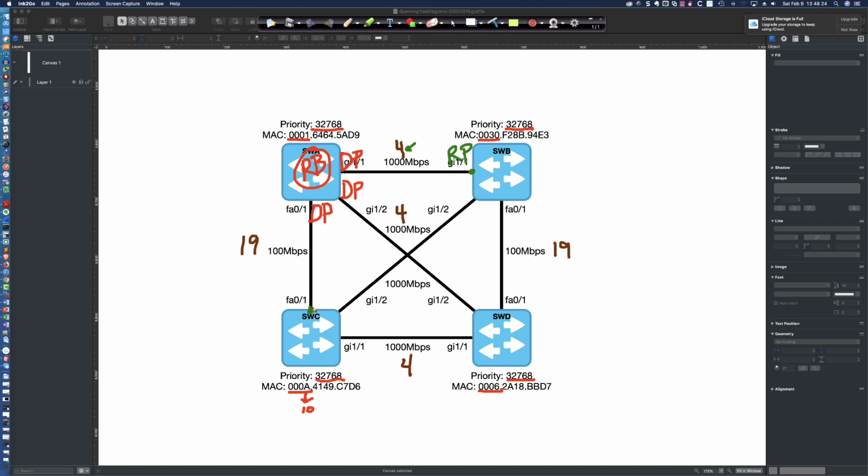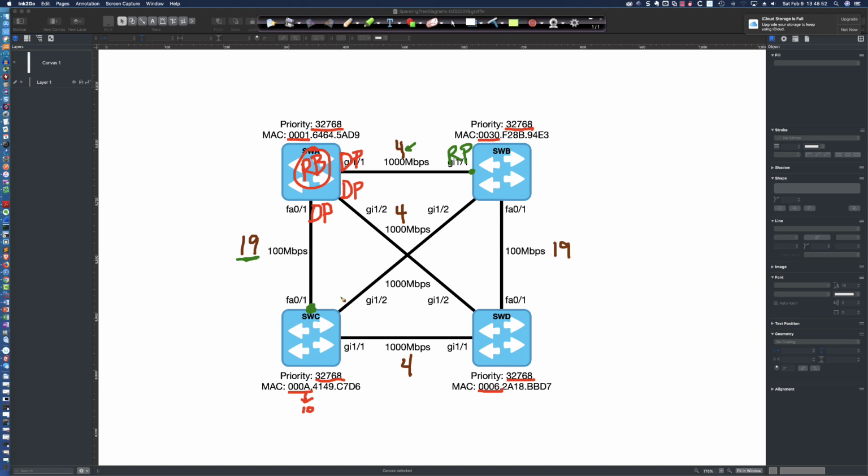So switch C is directly connected, and this is what's not really intuitive here. You would look at this and think, well, it's directly connected, that has to be the root port, but it's not, because Spanning Tree doesn't care that it's directly connected. Spanning Tree cares that the root path cost to reach the root bridge out FastEthernet 0/1 is 19.